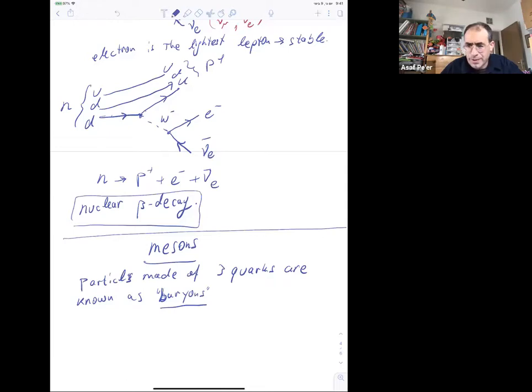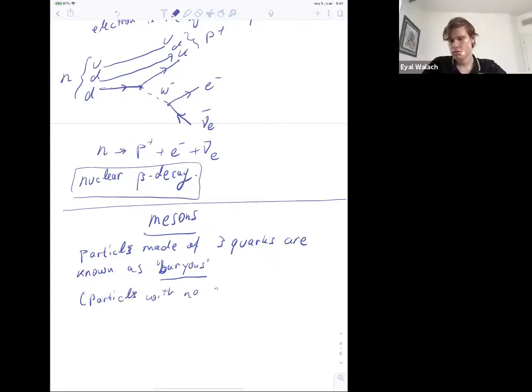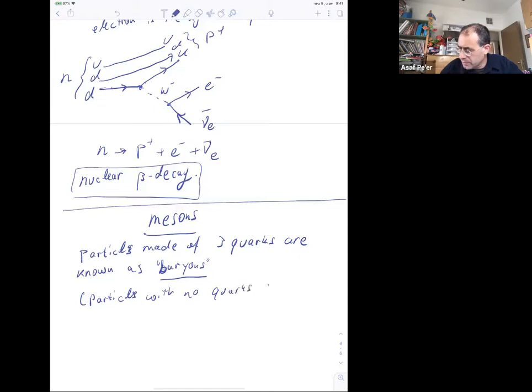Leptons are particles that do not contain any quarks, right? Particles with no quarks are generally called leptons. Again, from Greek, it's light.